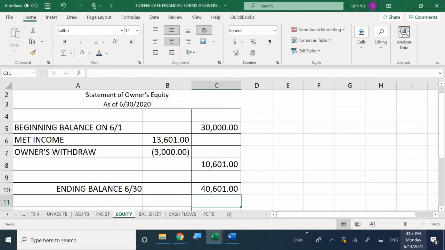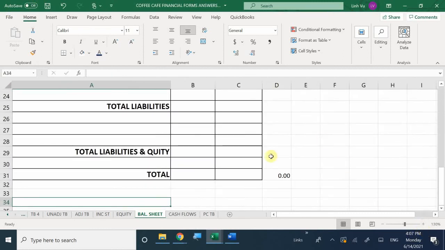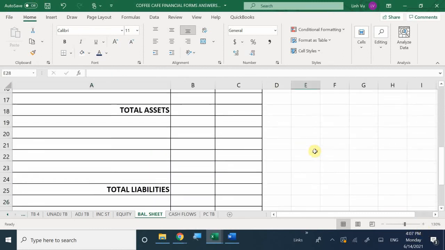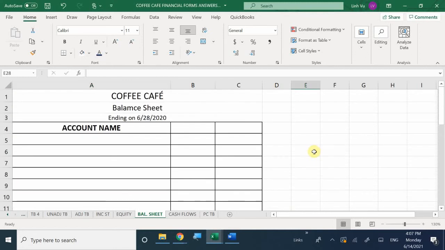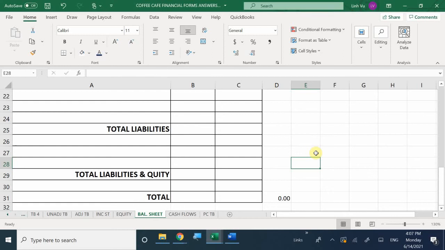So then now we move to our balance sheet. The balance sheet is going to test me on my accounting equation, right? Which is my total assets are going to equal my total liabilities plus my equity.